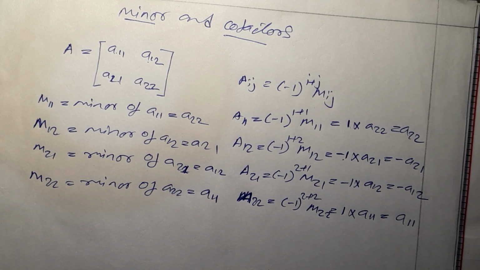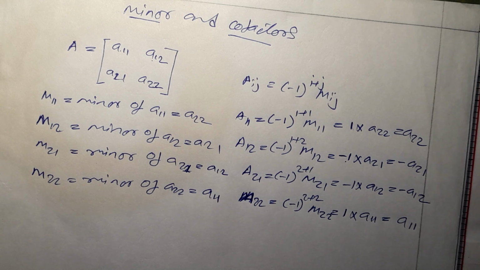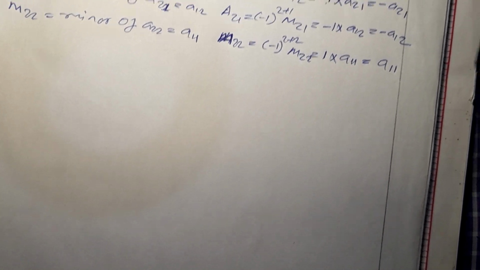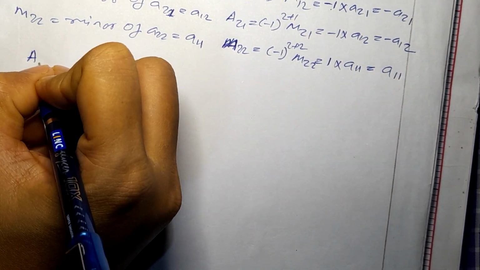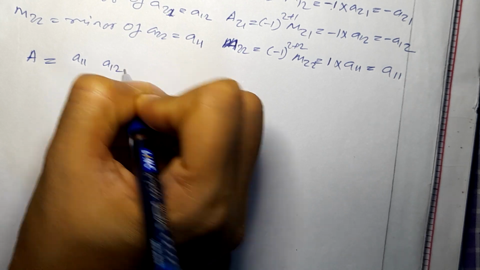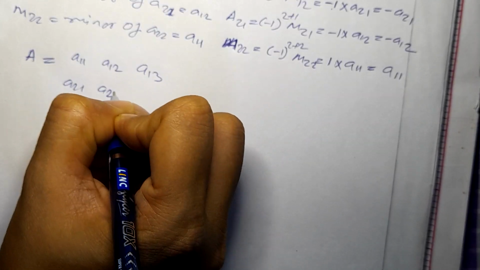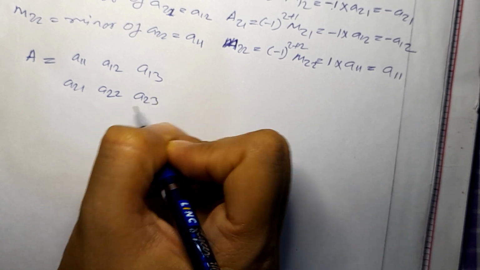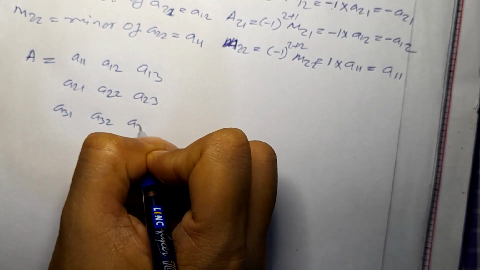Now let's do the 3 cross 3. No need to write all of it, just a few elements. So now write the 3 cross 3 matrix, that is capital A equal to a11, a12, a13, a21, a22, a23, a31, a32, a33.